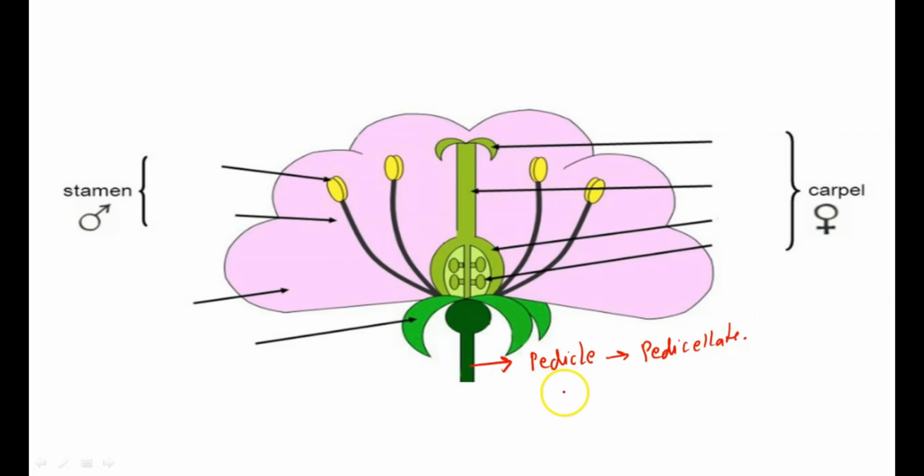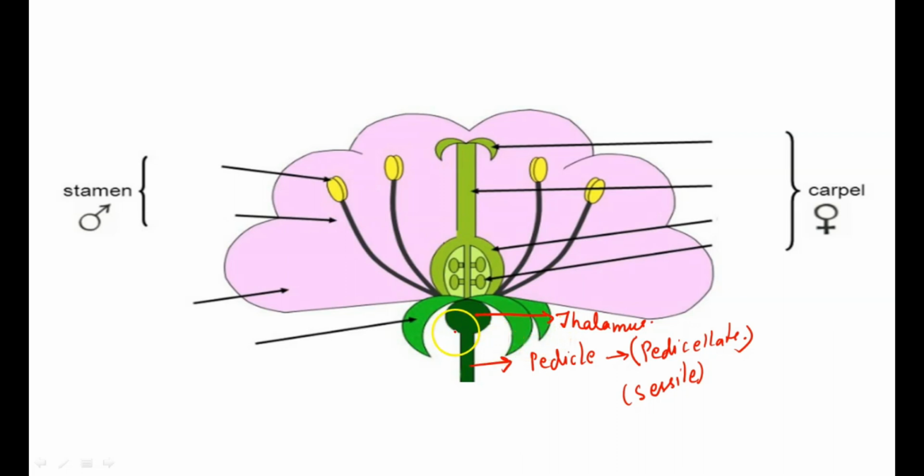And the flowers which do not have pedicels are known as sessile, right? So these are the two important terms you should remember. Now the place where the whole flower is placed is known as thalamus, or we can say the stage of the flower, okay?